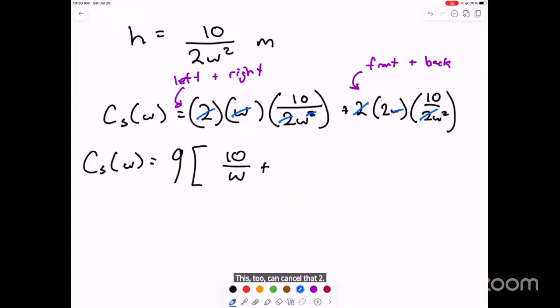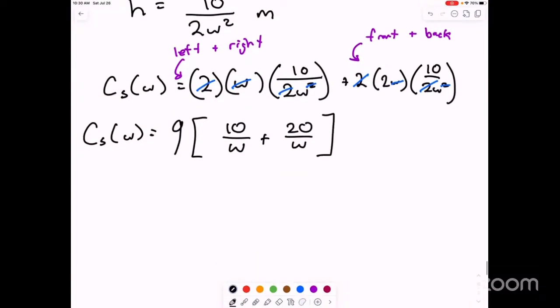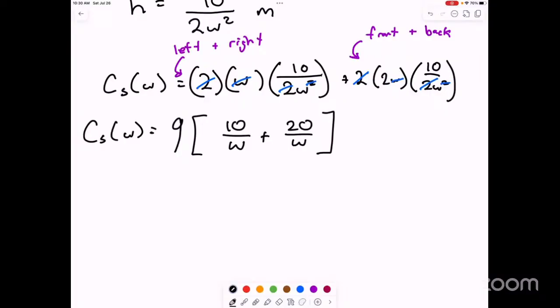This W can cancel one of those. 20 divided by W. So then the cost of the side in terms of W, 9 times 3 is 27.